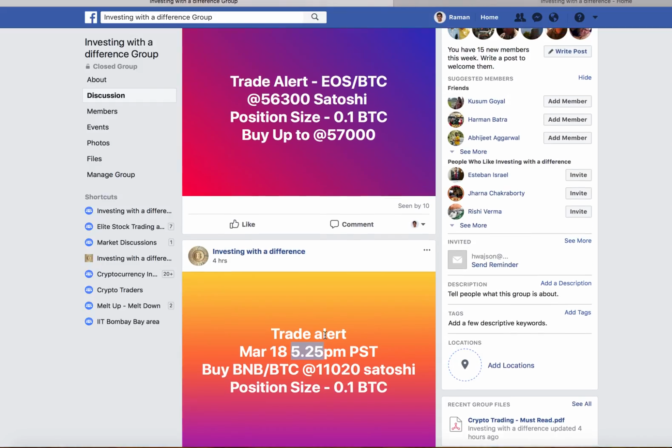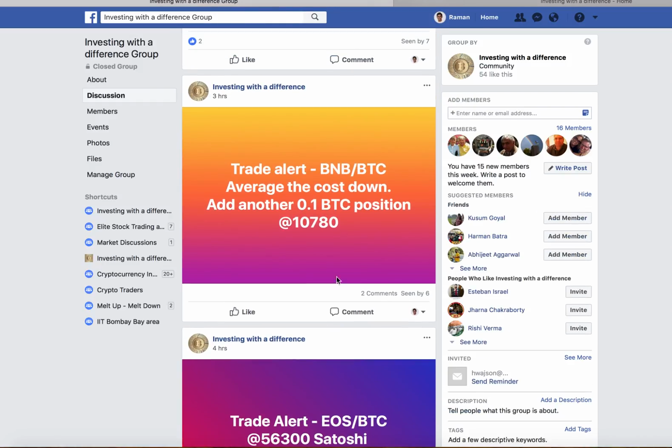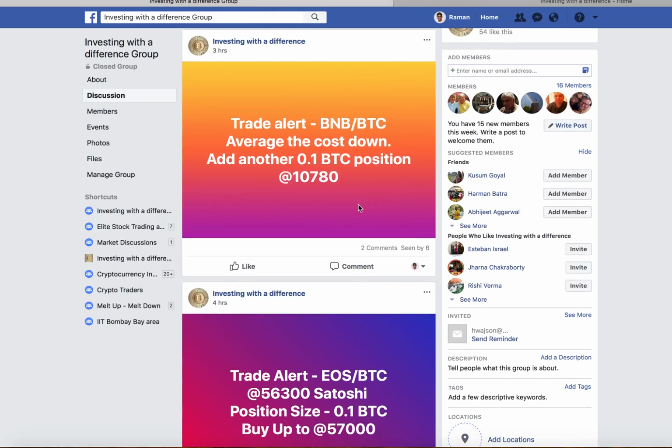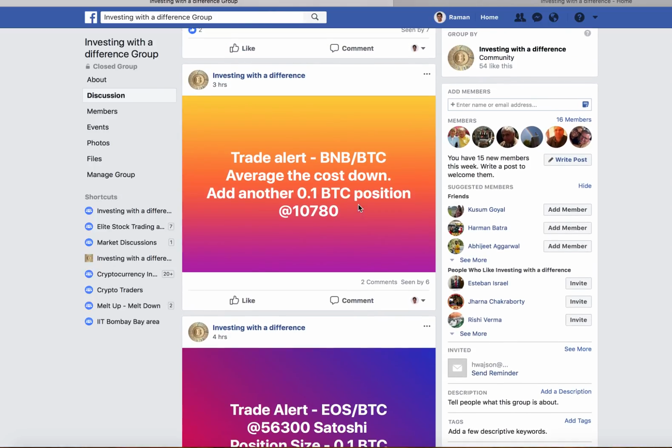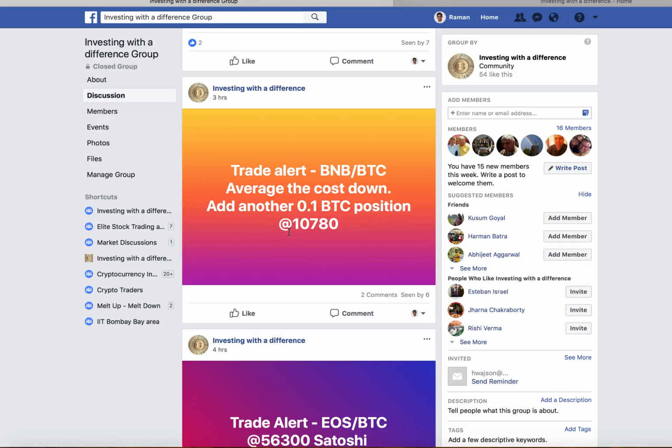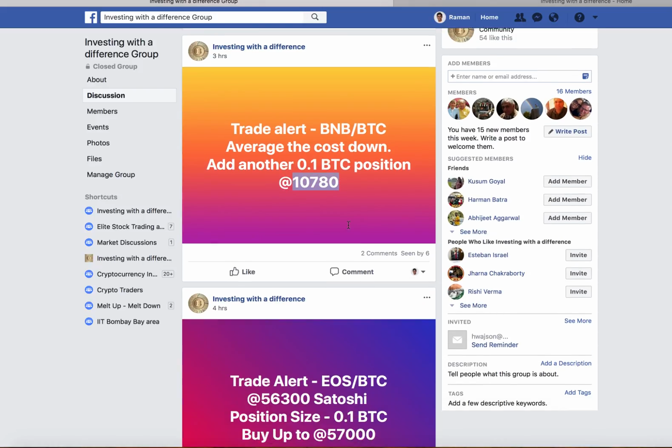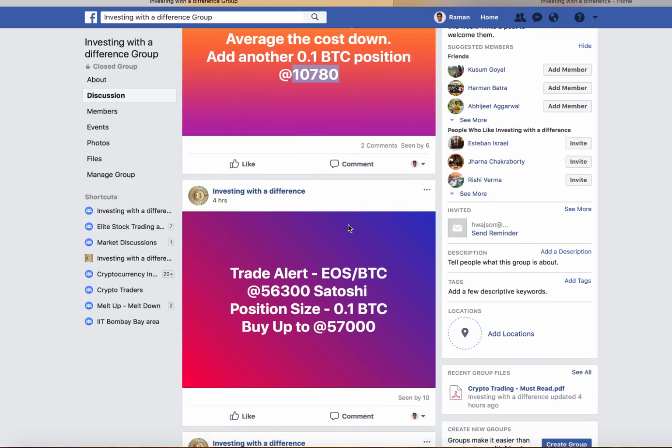That was at 5:25 p.m. The Binance coin went down, and we decided to average the cost down, and we bought it at 10,780. This is why it's useful to have some liquid Bitcoin always, because we still believe this trade will work out, and we want to bring our entry value down so that we can make better gains.